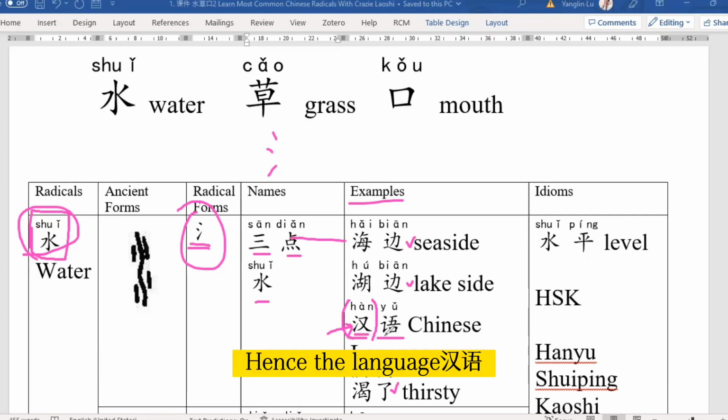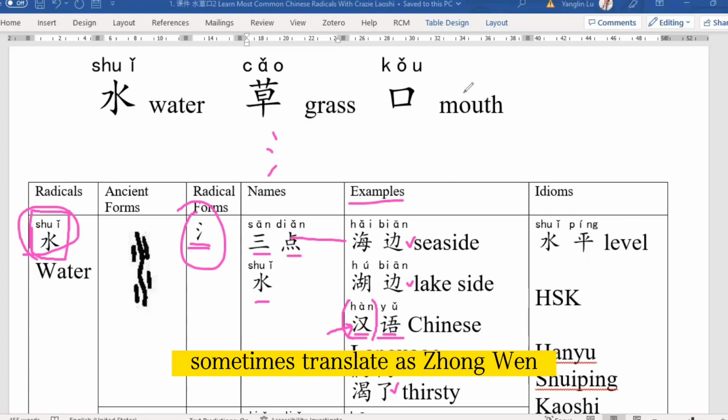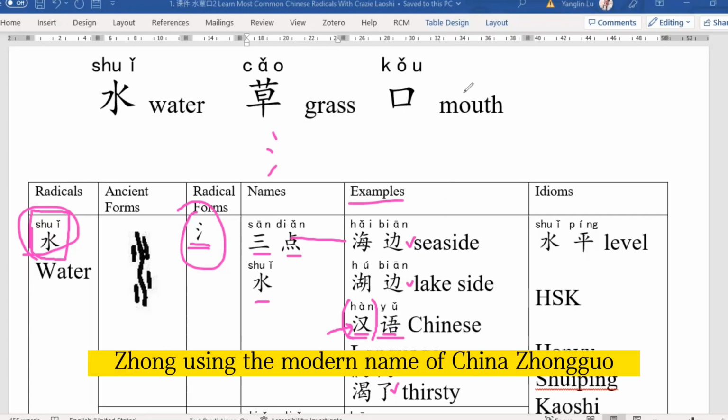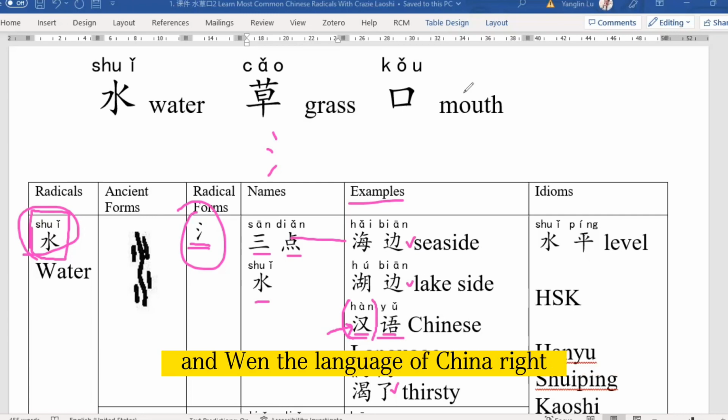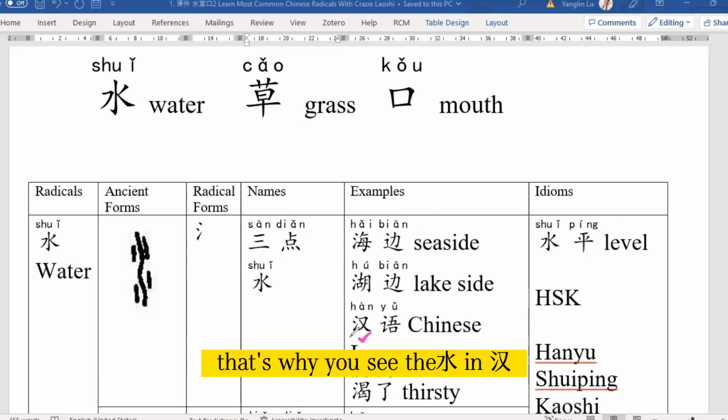Hence the language 汉语. That's why you also see the Chinese language sometimes translated as 中文. That's 中, using the modern name of China, 中国, and the language of China, right? 中文. So you see here we have 汉语 from Han River, Han civilization. That's why you see the 水 in Han.